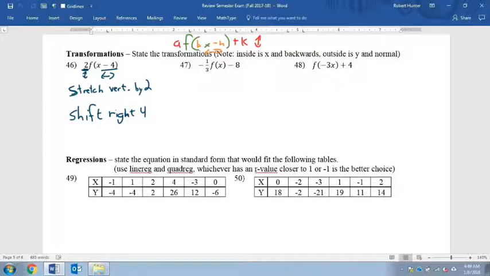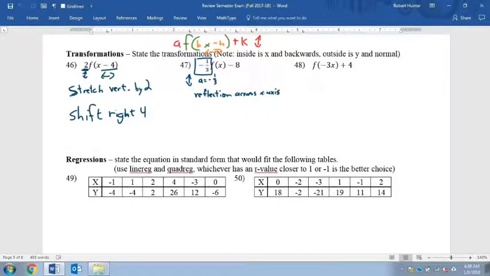Number 47. Again, what type it is, you need the type, the direction, and how far. So, this out front, your A value is negative 1/3. Okay, so that's actually 2. Because remember, if you're multiplying by a negative, you are reflecting, so it's a reflection across the x-axis. If I'm going up or down, I'm going across the x-axis.